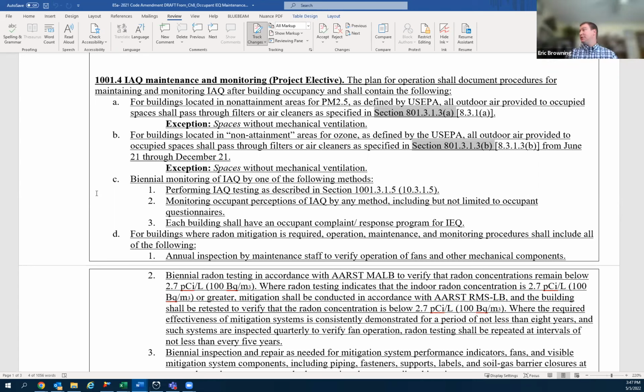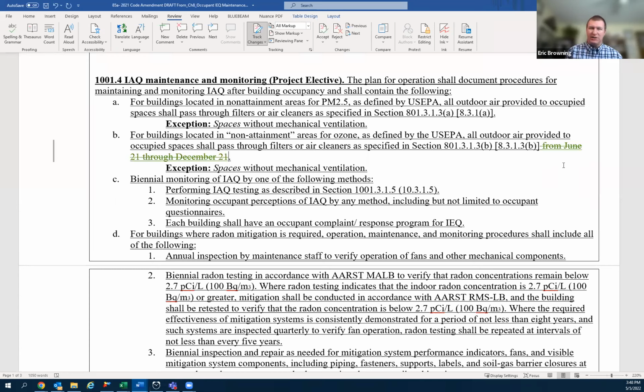I would actually propose striking the range and just requiring it, period, throughout the year. It's been 80 degrees in February, and we know the air quality isn't spectacular. So I don't see any reason to limit it, especially with this being the green code.